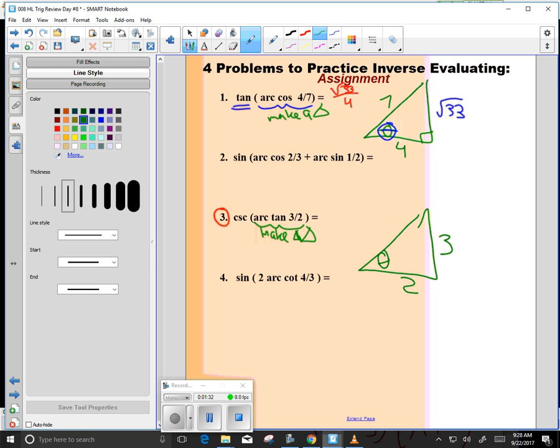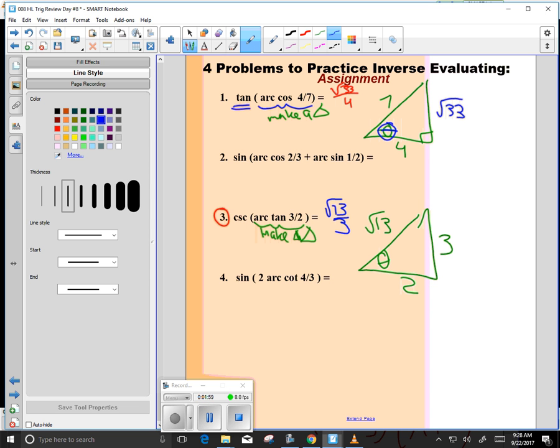So that's going to be 9 and 4, which is the square root of 13. So what is the sine? What's the sine of theta? 3 over square root of 13. Cosecant is 1 over sine, so what will the cosecant be? There you go. Great. So those go pretty well.